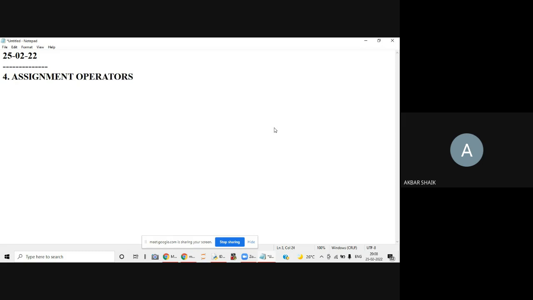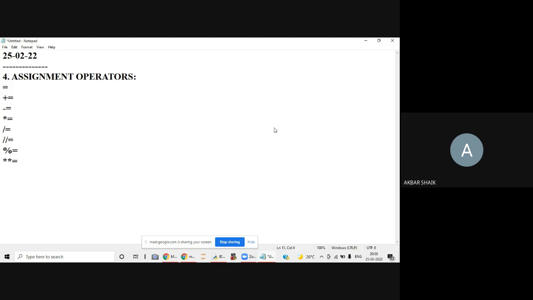What is meant by assignment operators? Equals to is an assignment operator, plus equals to, minus equals to, into equals to, slash equals to, double slash equals to, modulo equals to, and exponential equals to.